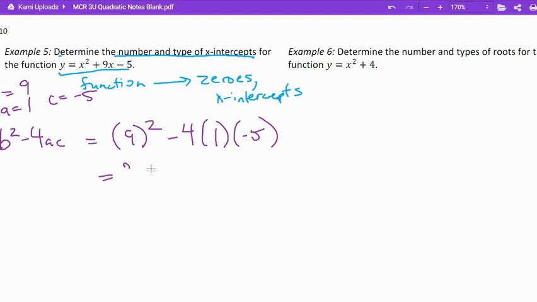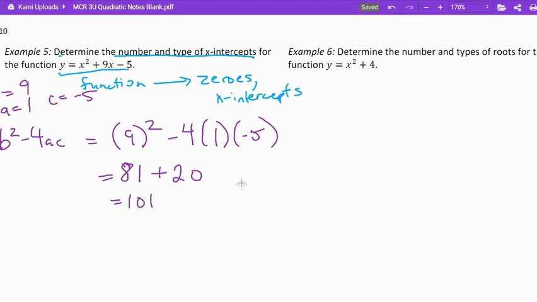Does everyone know what 9 squared is? If you don't, actually get the cue cards to practice your multiplication skills. Negative 4 times 1 times negative 5 is positive 20. And so our discriminant is 101.